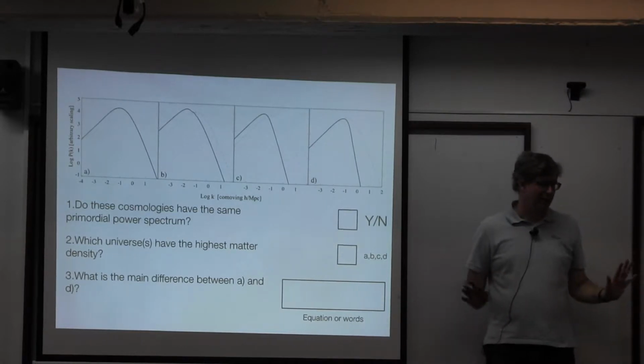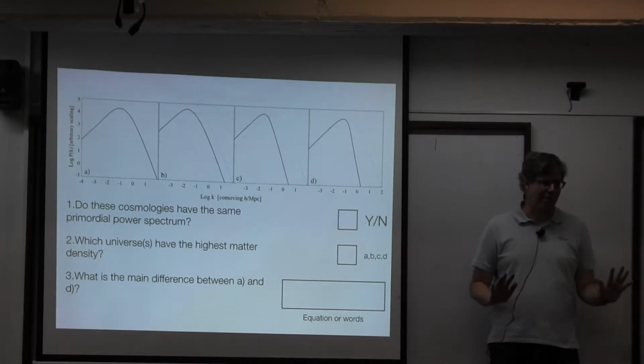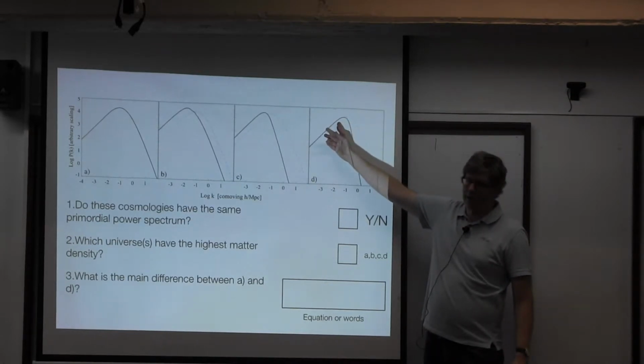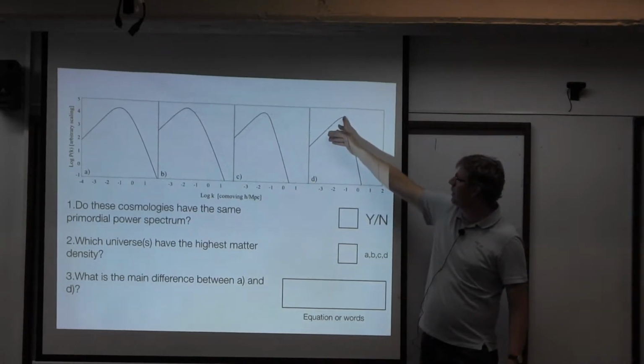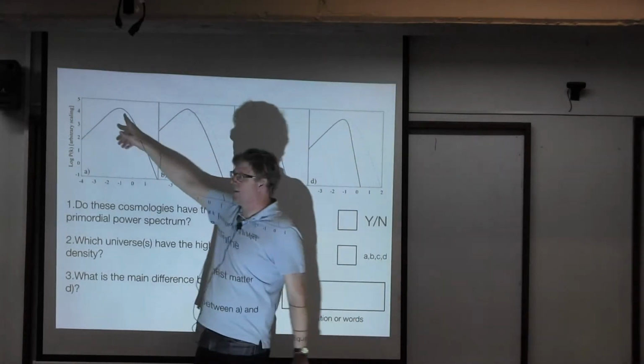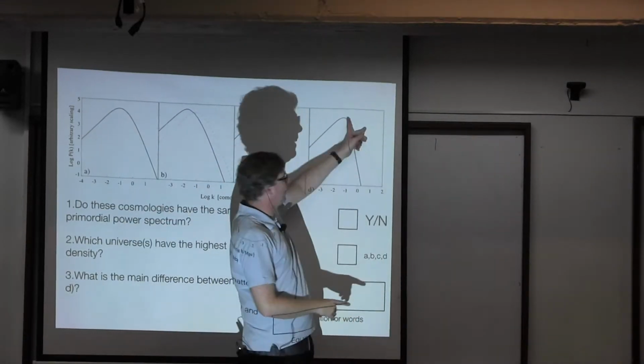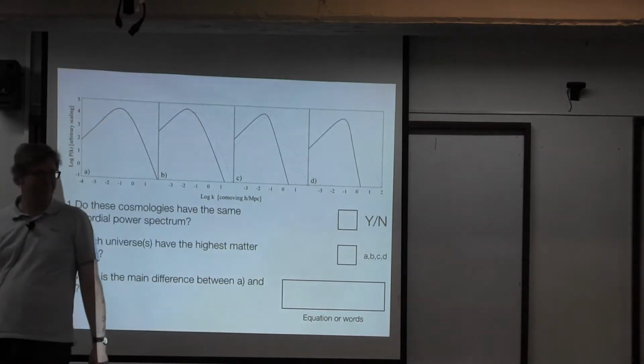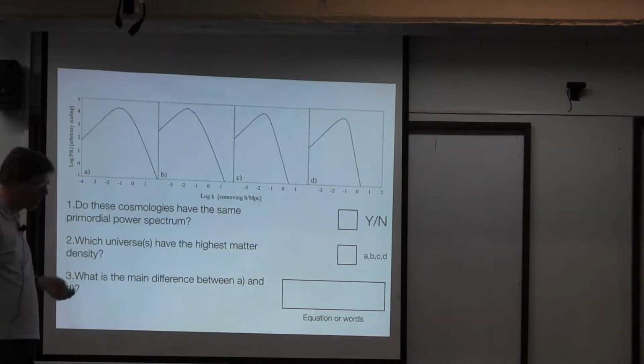I never deduct any points if anybody doesn't get that, because it's very hard to read off the true peak here. You have to say that the peak here is the same as the peak here, and it doesn't even look like that, right? The dotted line is the same as A, as the first one, yeah, exactly.